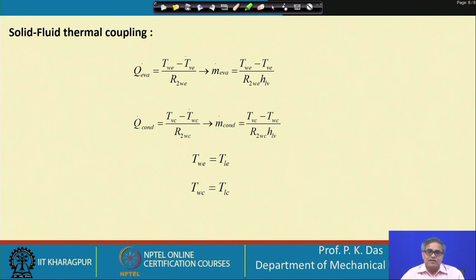With all these things we will be able to assess the performance of the heat pipe, or predict the transient characteristics of the heat pipe. Okay. So, this is what I wanted to convey in the design or analysis of the heat pipe. Details can be obtained from different books.